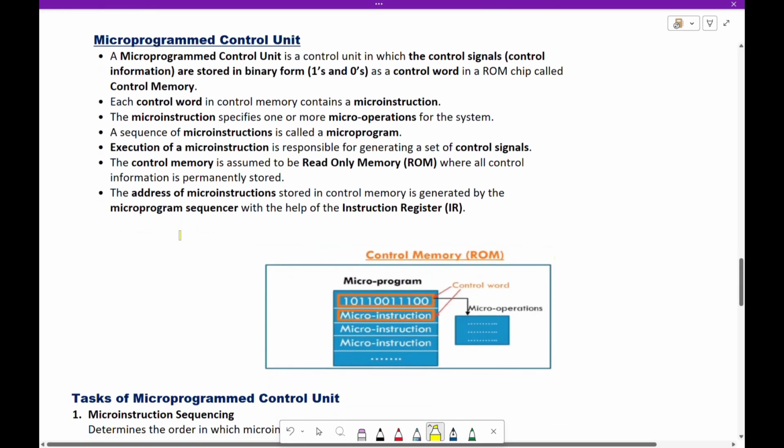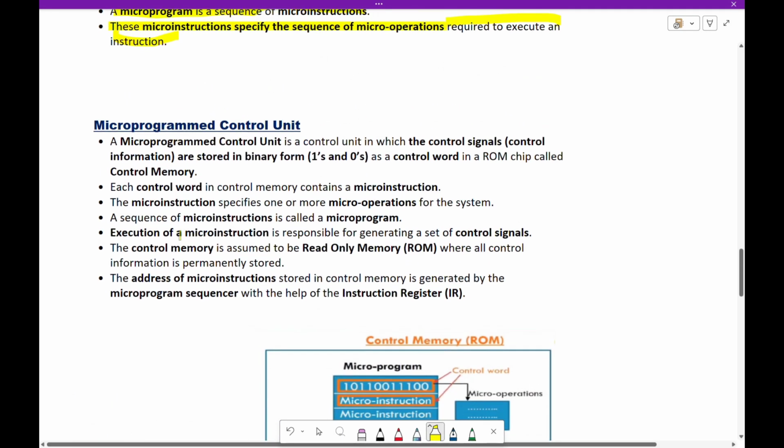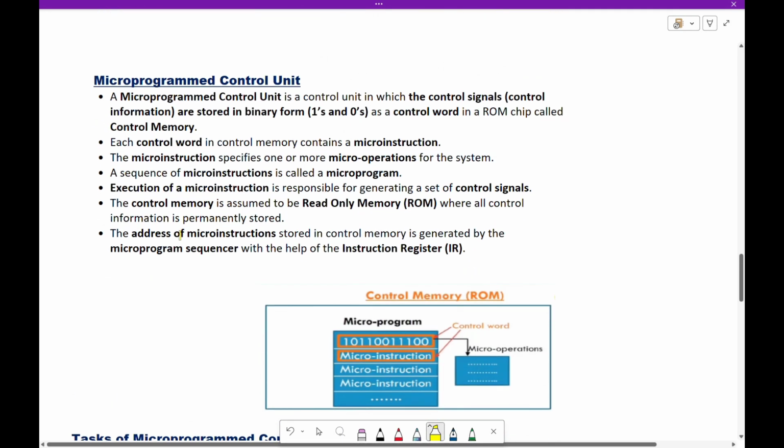So we have the term microprogrammed control unit. A microprogrammed control unit is a control unit in which control signals or control information are stored in binary form, like 1 and 0, as control words in a ROM chip called control memory.